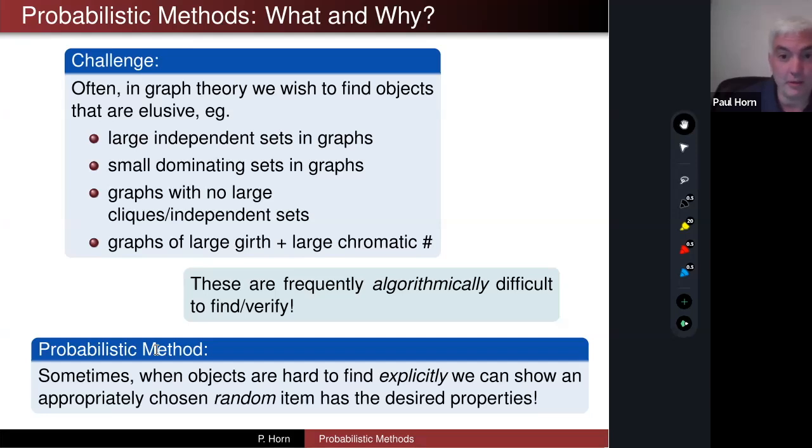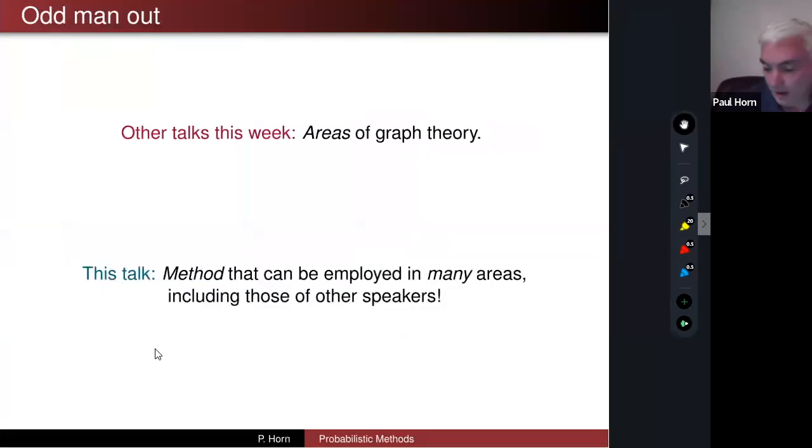Not by constructing them explicitly, but actually by showing that they must exist because a random object has these properties. And this is a little bit difficult to wrap our heads around at first. So I would like to, as I say, explore this theme and these ideas during this talk.